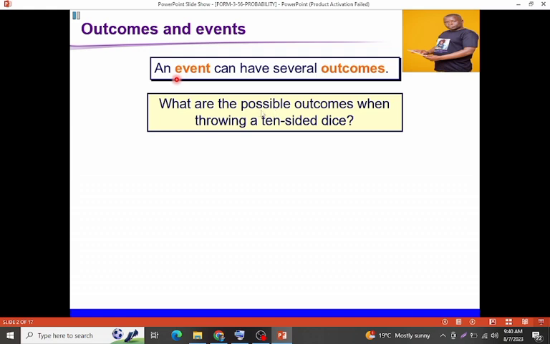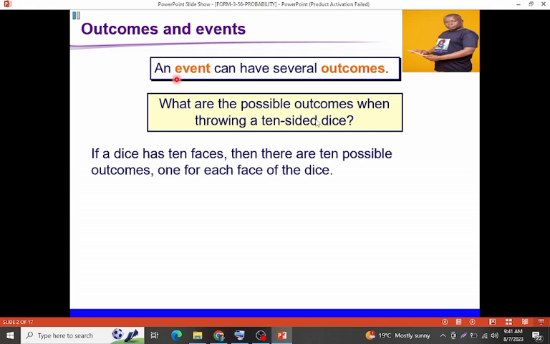For example, when you throw a 10-sided dice, a dice with 10 sides, when it's thrown, it will show you 10 faces.